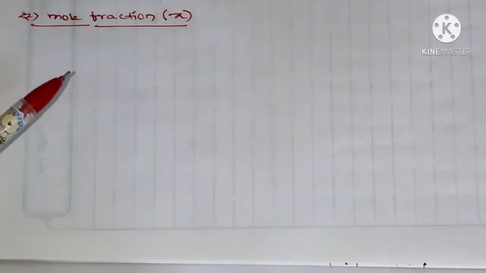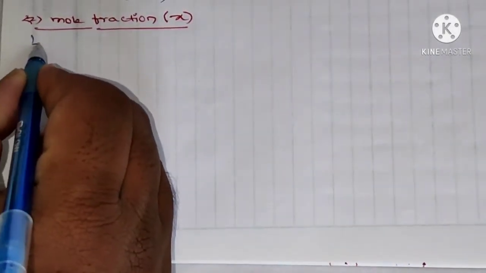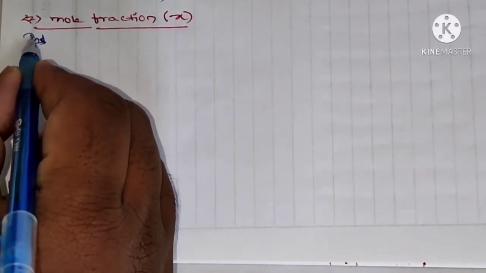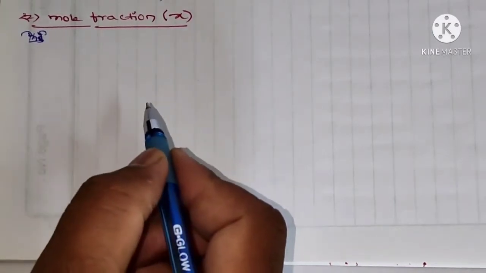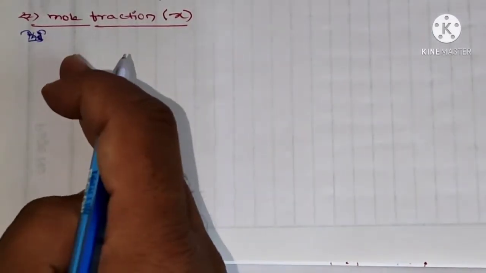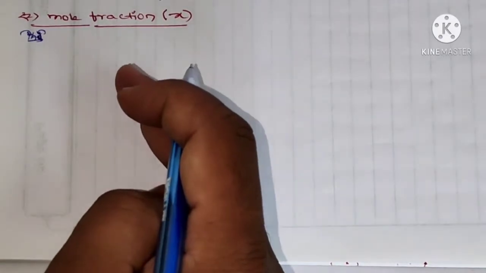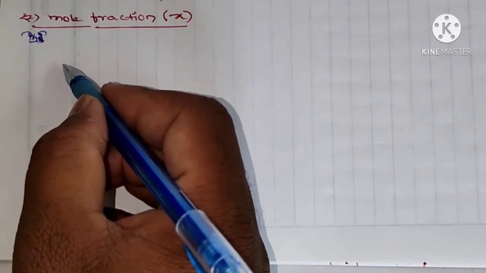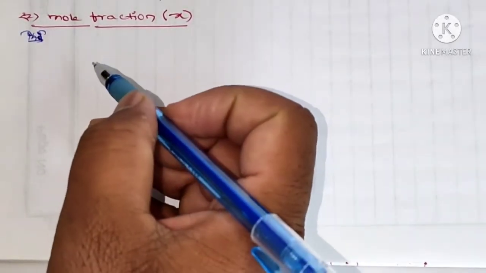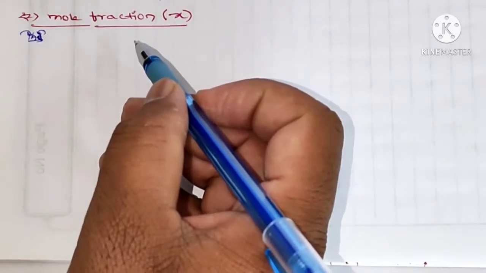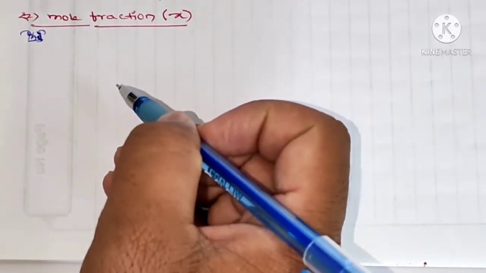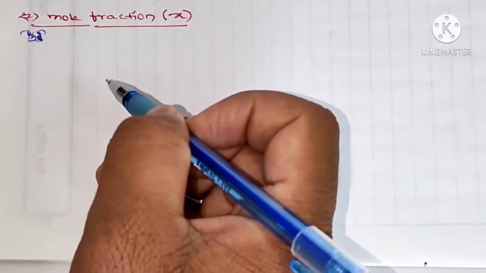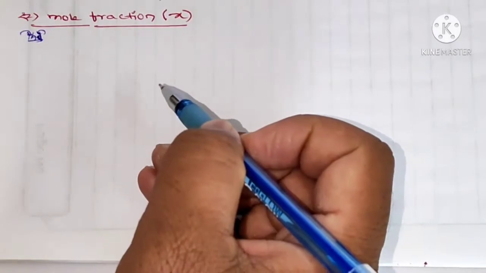For example, if I take one beaker with two components, A component and B component, the mole fraction of A is equal to the number of moles of A divided by the total number of moles of solution.